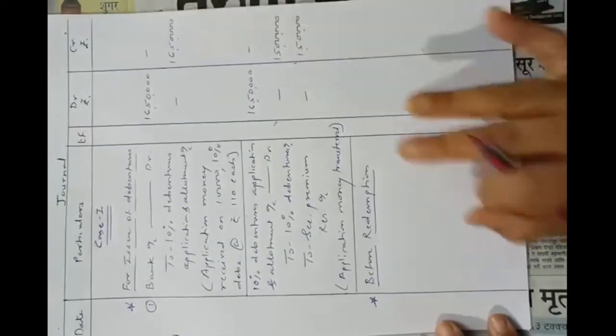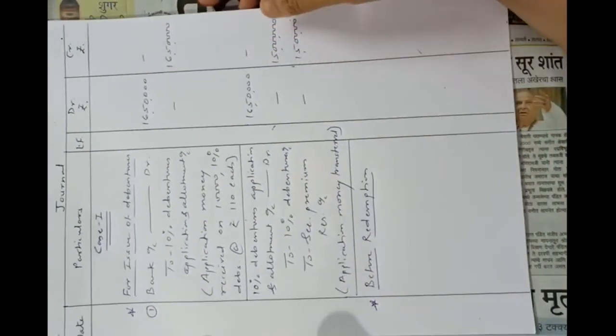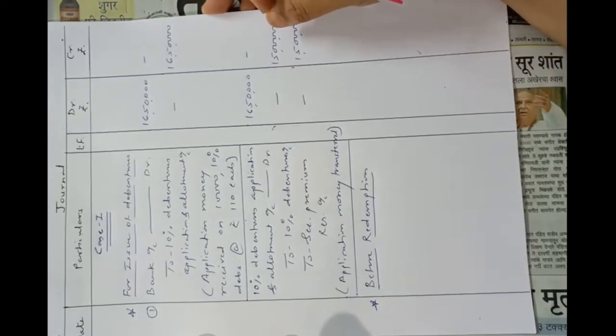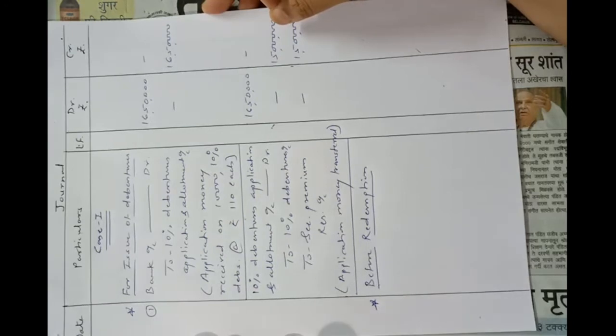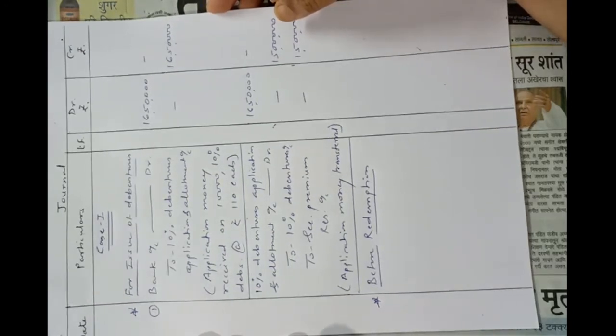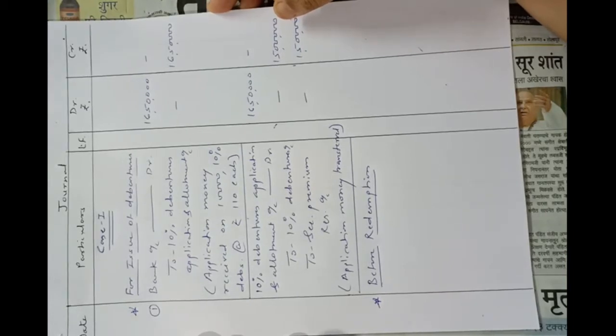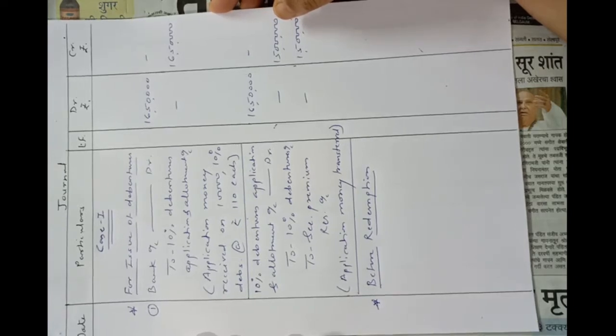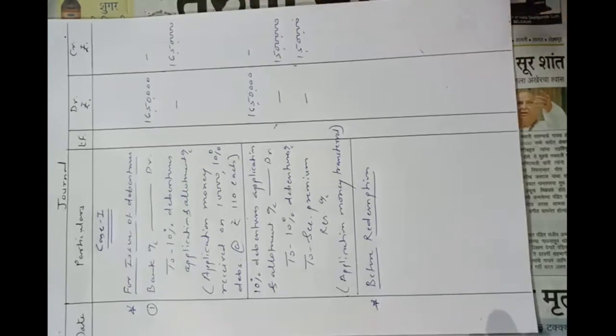Before redemption, first they told us that these debentures are repayable at par. Dates are not given here. Before the redemption of debentures begins, they will transfer 25% amount to the debenture redemption reserve from statement of profit and loss.